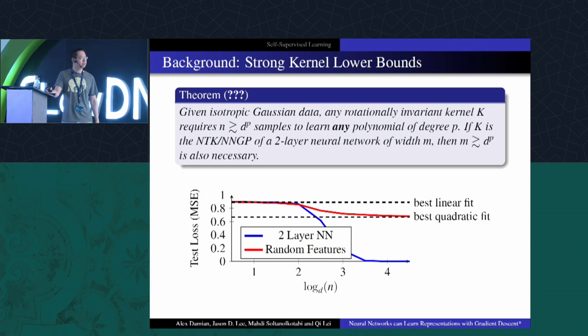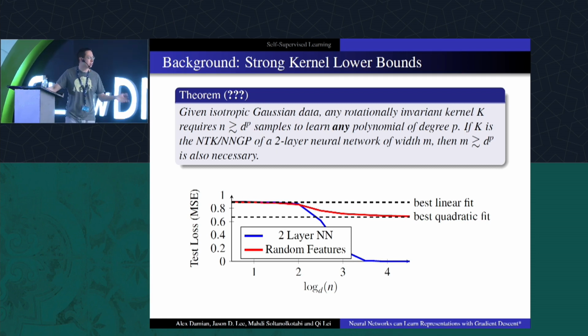If you look at the kernel, either the random feature kernel or the NTK, it doesn't matter which, of a two-layer net or even any fully connected net of any depth, you need both the number of random features bigger than d to the p and sample size bigger than d to the p.